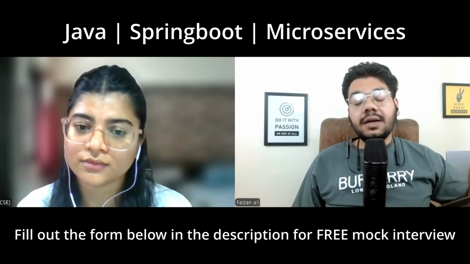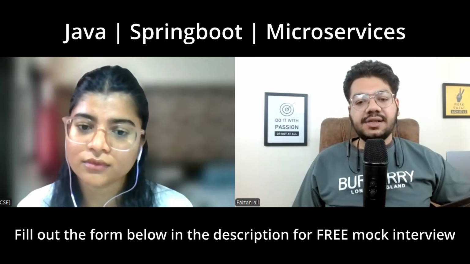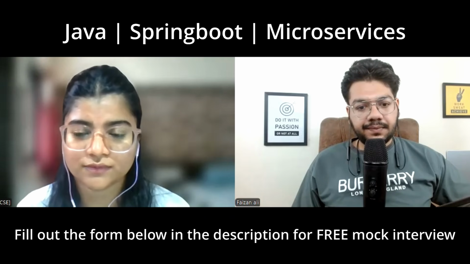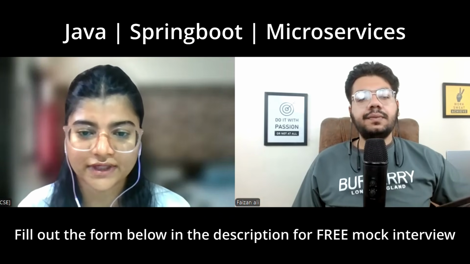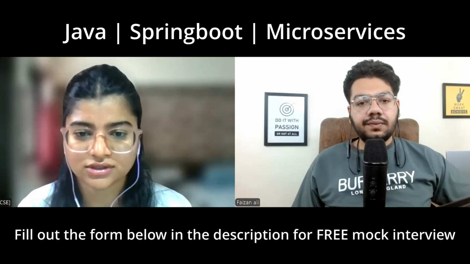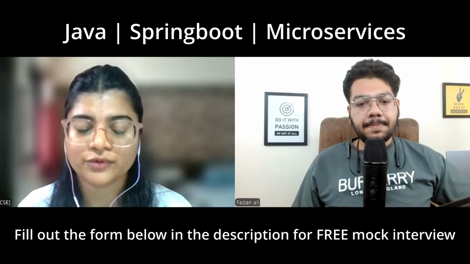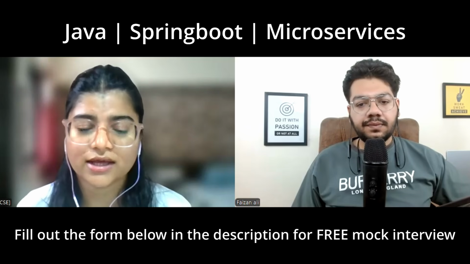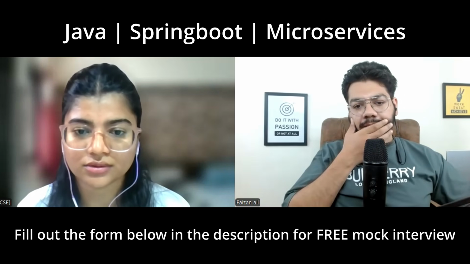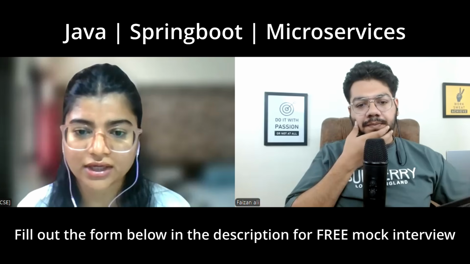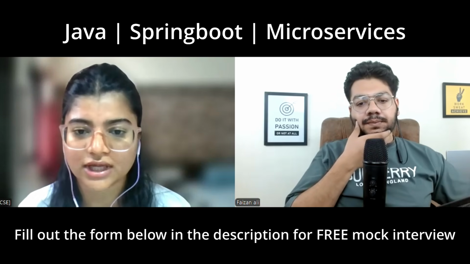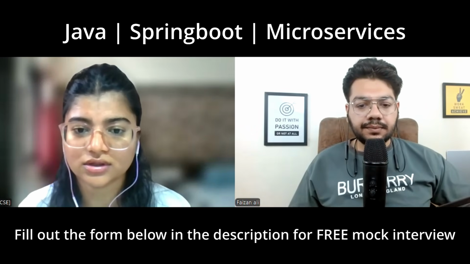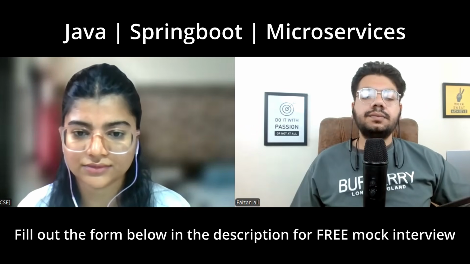So what are the different types of dependency injection supported in the Spring Framework? Basically, there are three types of dependency injection. First is field injection, setter injection, and constructor injection. Using constructor injection is recommended, as field injection is not a good practice, and constructor injection makes sure that the dependency is compulsory.